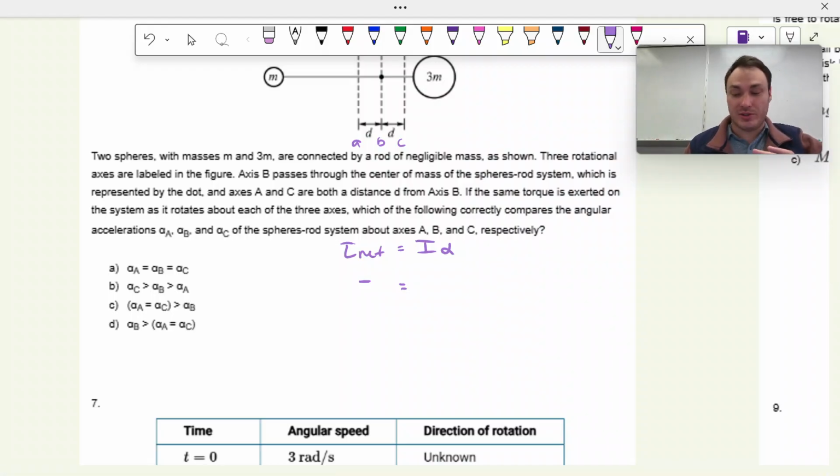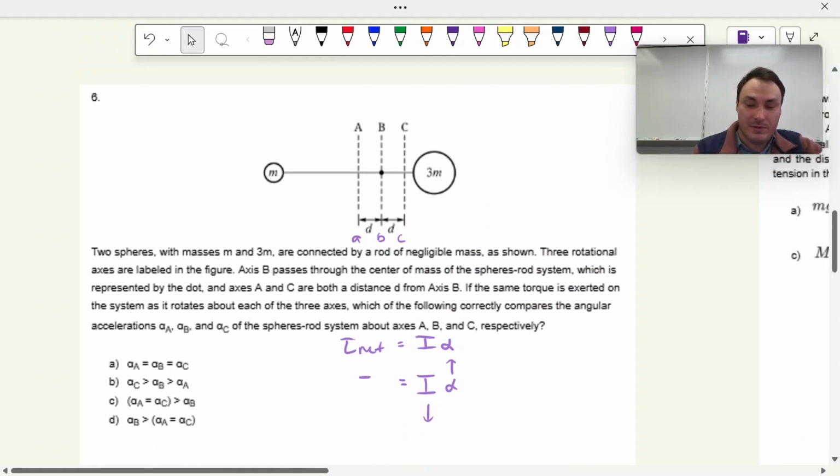We want to compare the angular acceleration, so really it just comes down to what's I. The bigger the moment of inertia, the harder it is to get something to spin, so the slower it's going to accelerate. The smaller the moment of inertia, the easier it is for something to start spinning, so it's going to accelerate faster. If this goes down, this is going to go up with the same torque. So basically, we just have to compare the moments of inertia.